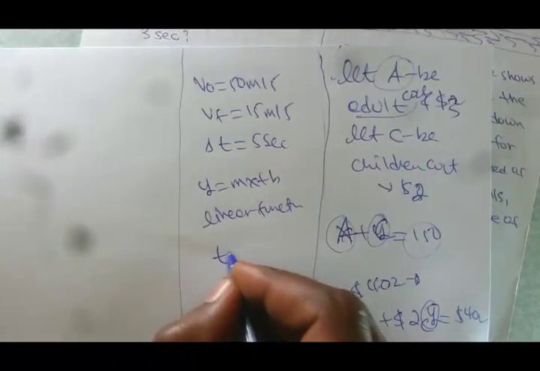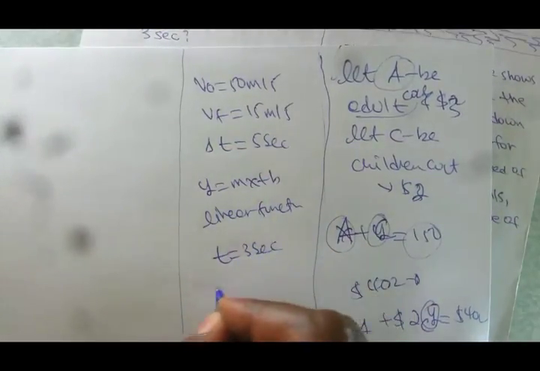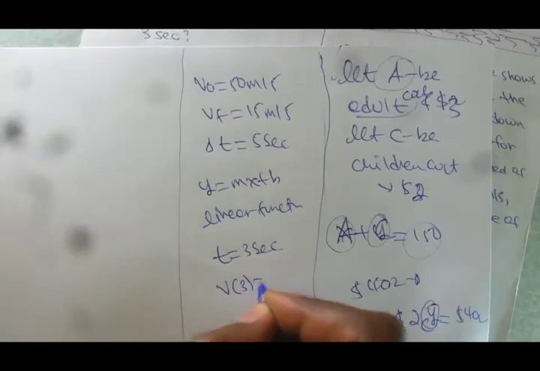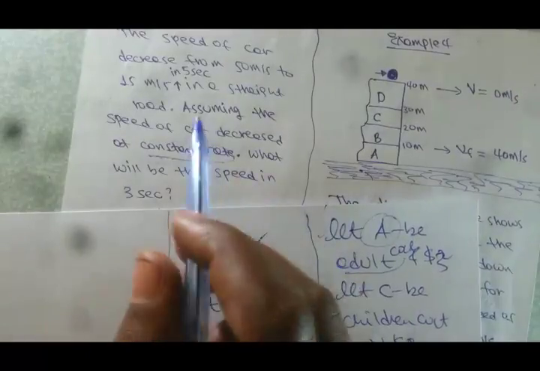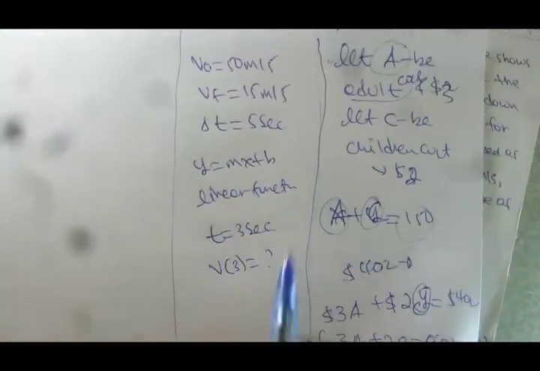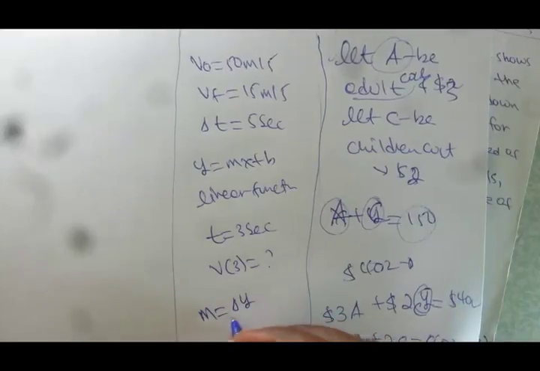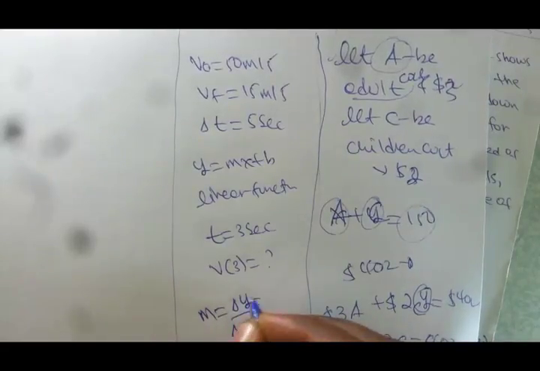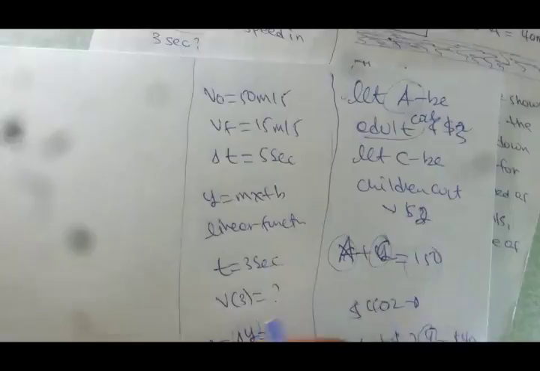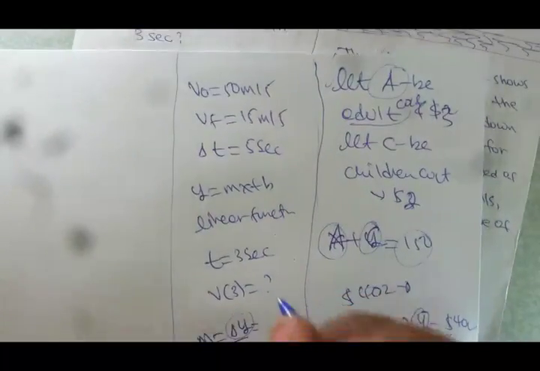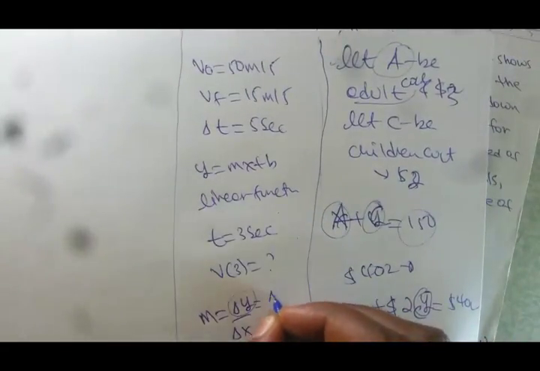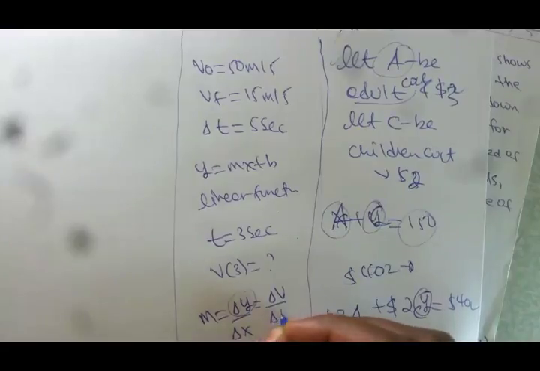We are asked at 3 seconds, v of 3 is required. So it is decreasing, so the slope must be negative. So m is equal to change in y over change in x. Therefore change in y is speed, change in v over change in t.